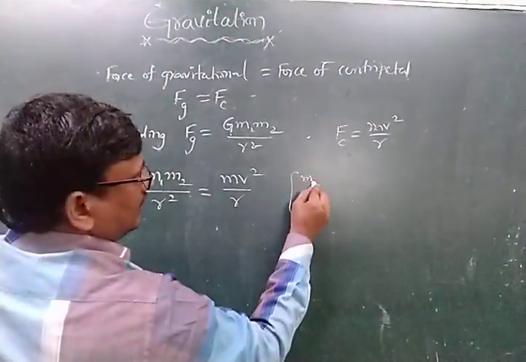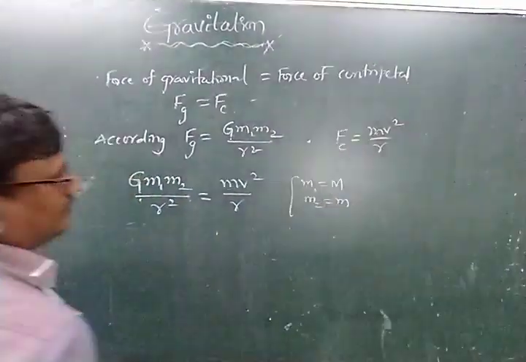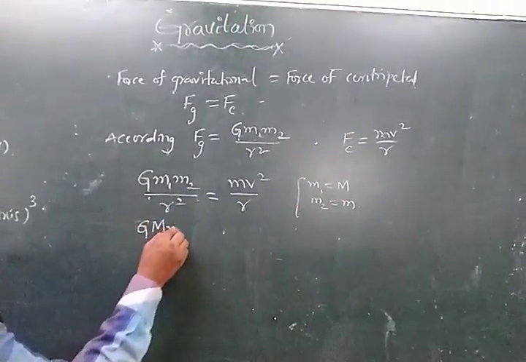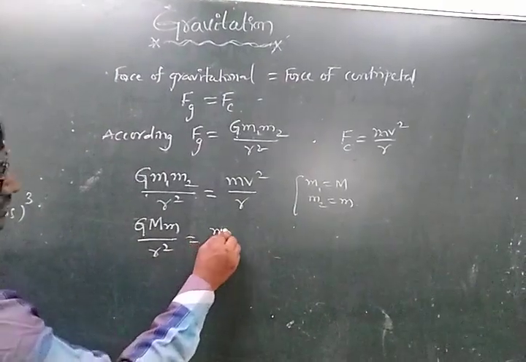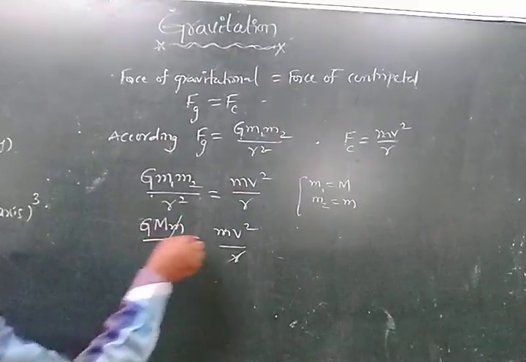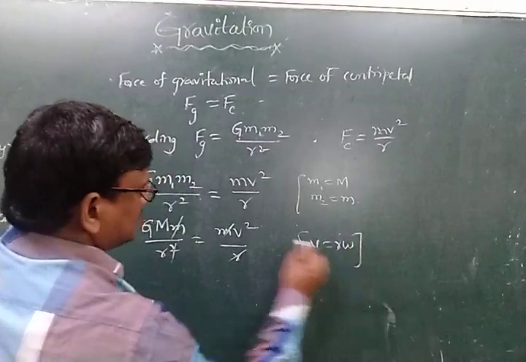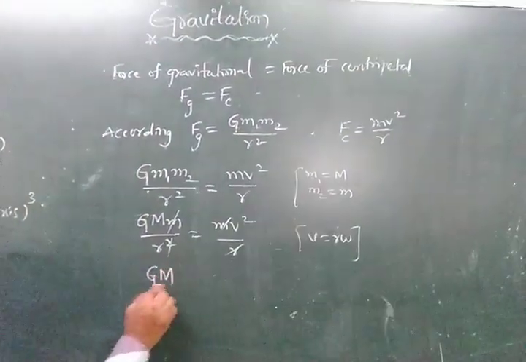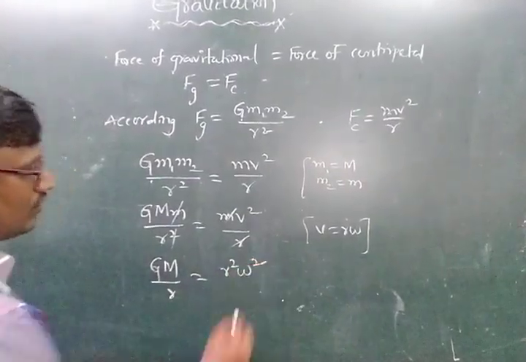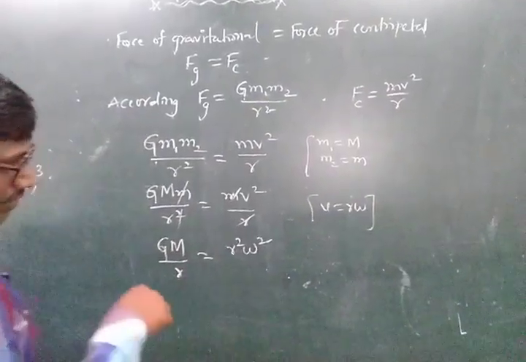Here m1 is equal to capital M, the mass of the sun, and m2 is equal to small m, the mass of the planet. Now we substitute: G capital M small m by r square is equal to small m v square by r. Here r gets cancelled, small m gets cancelled, and v is equal to r omega. Substituting, G capital M by r is equal to r square omega square.